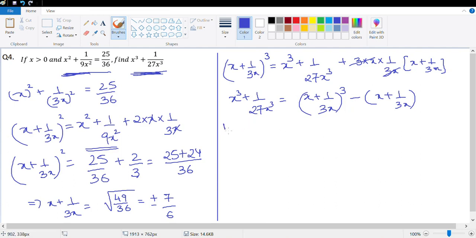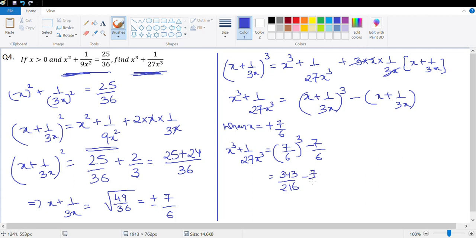Let's substitute values. So when x is equal to plus 7 upon 6, what we get is x cube plus 1 upon 27x cube would be equal to 7 upon 6 cube minus 7 upon 6. 7 cube, that's 343. 6 cube, that's 216, minus 7 upon 6.